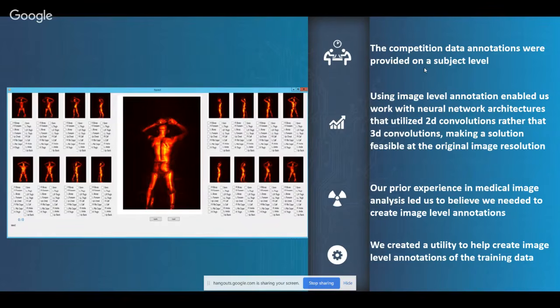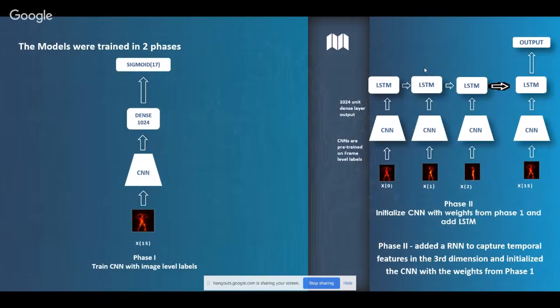Without training on frame level features, we found that it was difficult to optimize this combined LSTM CNN architecture. But when we did pre-training of the CNN on frame levels, the convergence of our full architecture occurred. It was easier to train.